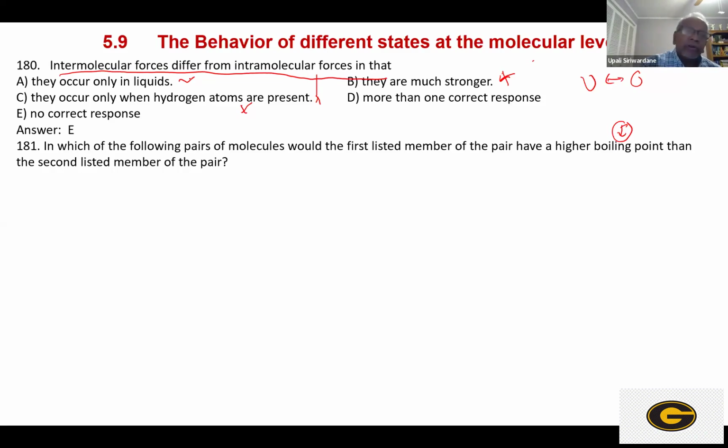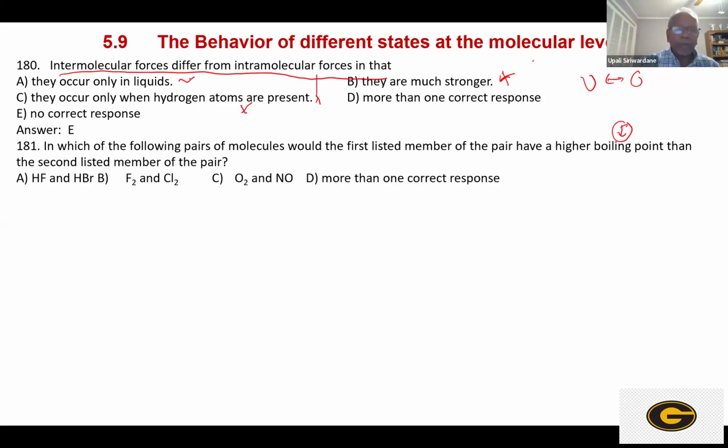In which of the following pairs of molecules would the first listed member of the pair have a higher boiling point than the second? Now let's look at this. You have to look at the polarity. This is more polar. HF bond is more polar than HBr.